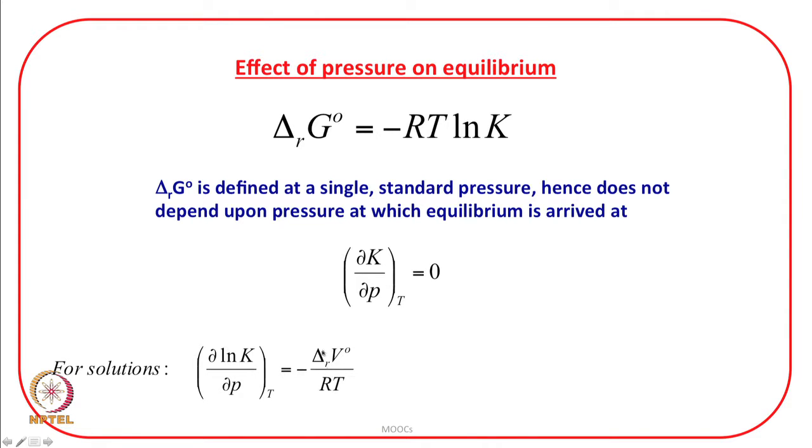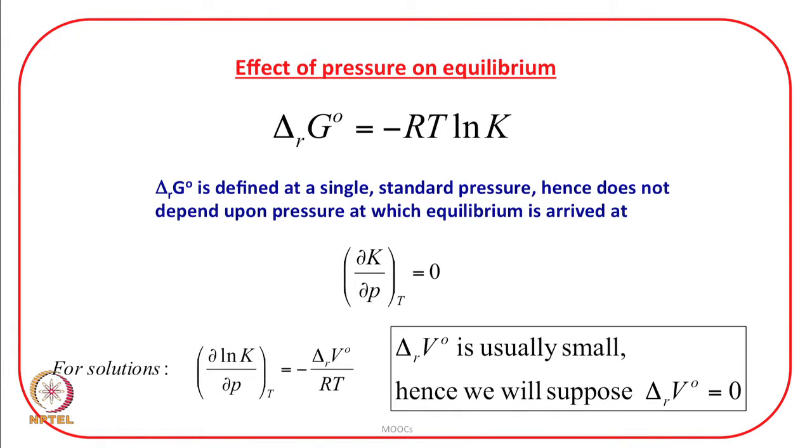Usually for solutions this value is very small and can be conveniently neglected. Therefore, in our discussion we will suppose that delta R V naught is equal to 0, and in general we will suppose that the equilibrium constant, of course for gases it does not depend, is independent of pressure.